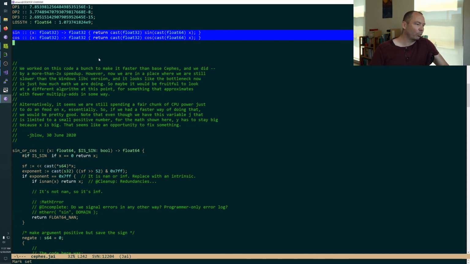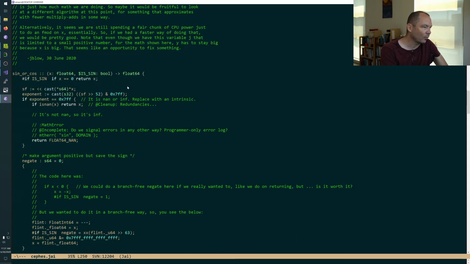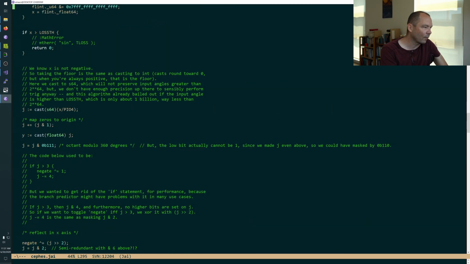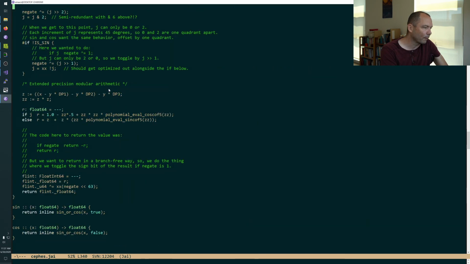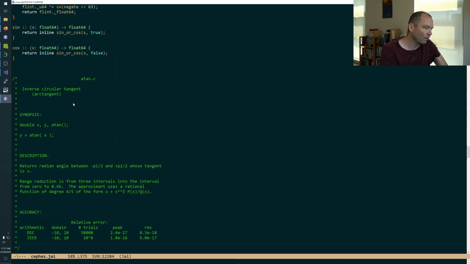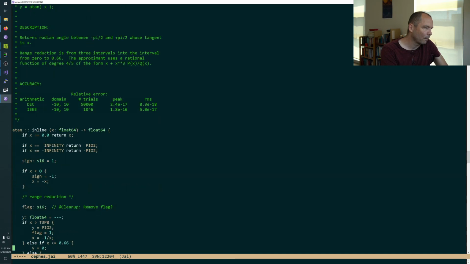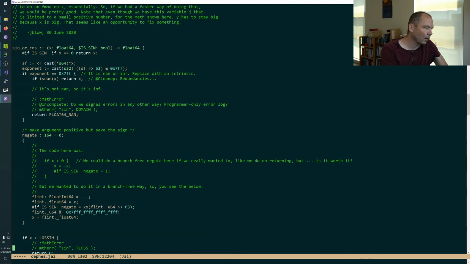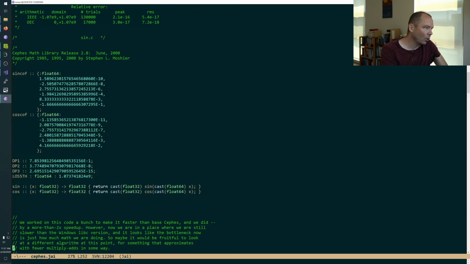If we wanted a lower precision version, we would either copy paste or have a, I don't know, we probably would copy paste it. But obviously you don't need as much precision. It would be faster to do float sine. I don't know how much faster. That's a whole other question.